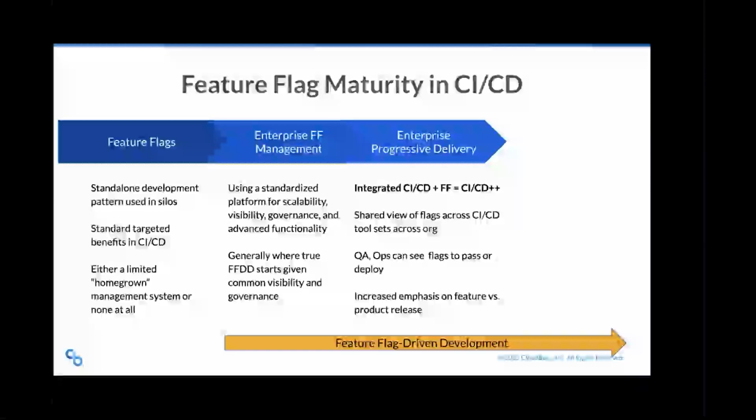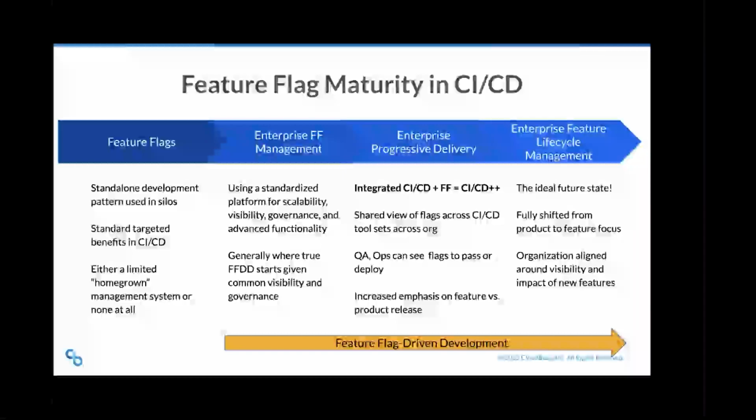So that is where we're headed with how we develop our own tools. And of course, this gets you to what we'll call the holy grail, this ideal future state where you have complete, full shared visibility and governance. You're moving everyone from your product team, your devs, to release, to customer success.